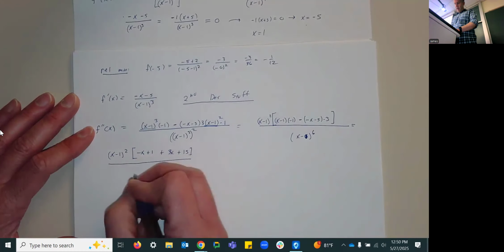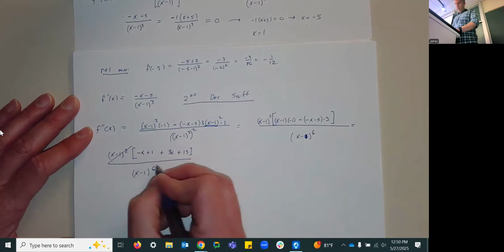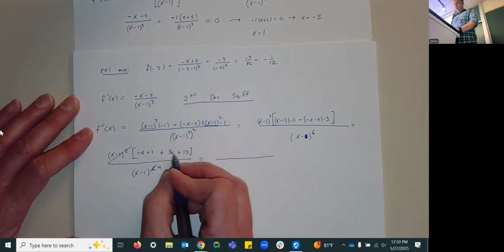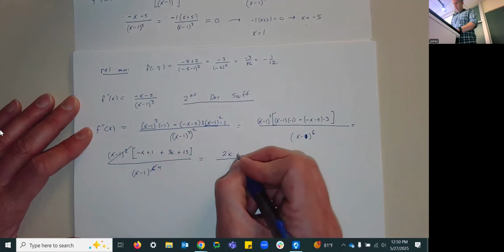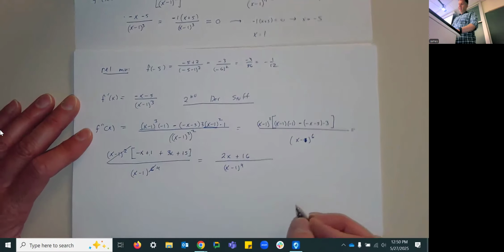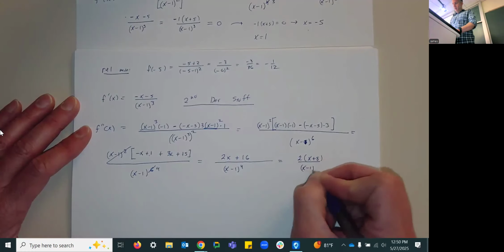All divided by x minus 1 to the 6th. We can cancel 2 of the x minus 1s. Simplify what's in the brackets. So I've got 3x minus x is 2x. I've got 1 plus 15, which is 16, over x minus 1 to the 4th. And if you like, and I kind of do like, I'm going to factor out the 2. You get 2 times x plus 8 over x minus 1 to the 4th.